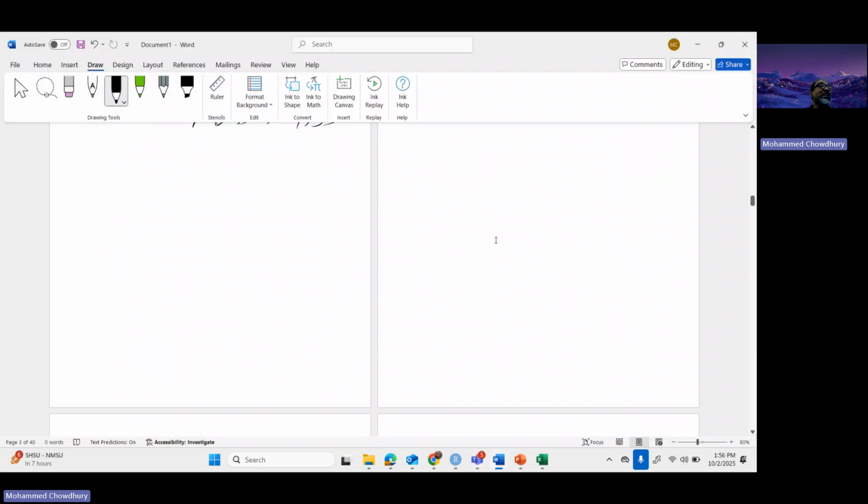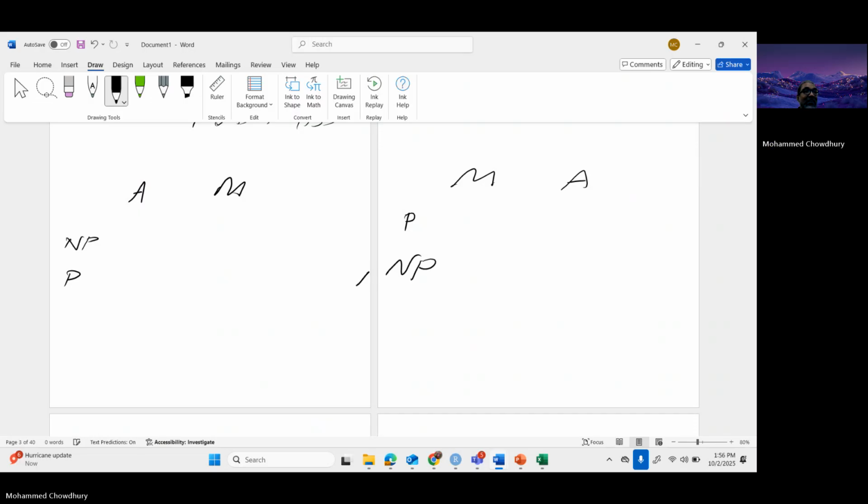Suppose she created a table with adult and then minor, and then non-player and player. But you created a table with minor and adult, and then player and non-player. That is fine. But if you create a table with minor and player and adult and non-player, that is a great mistake.